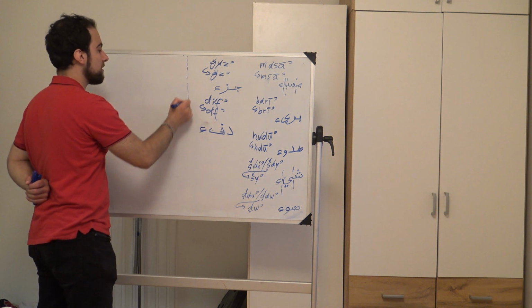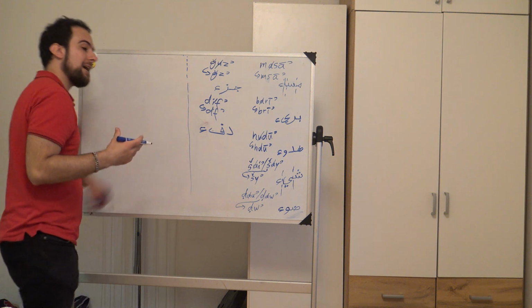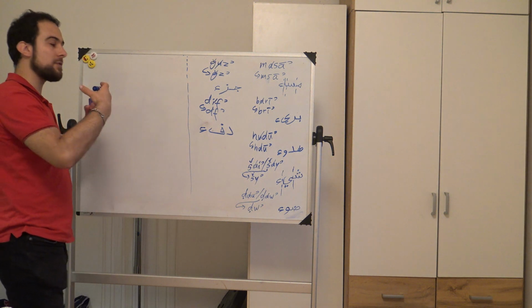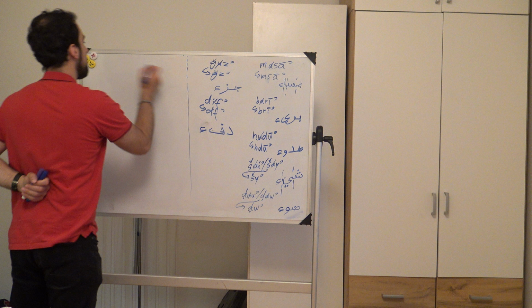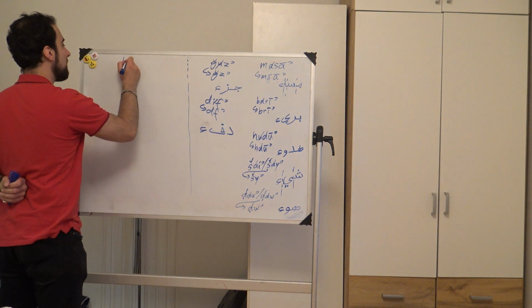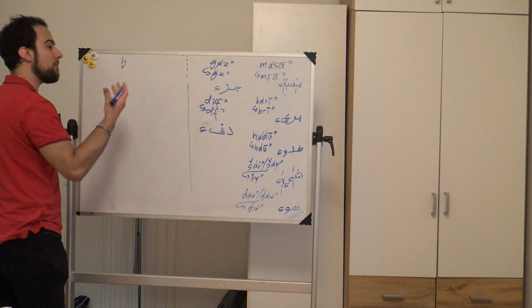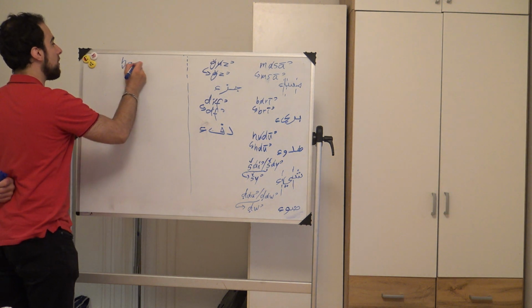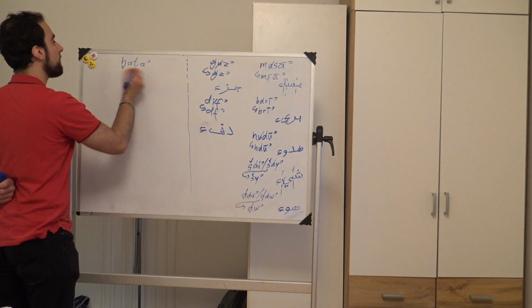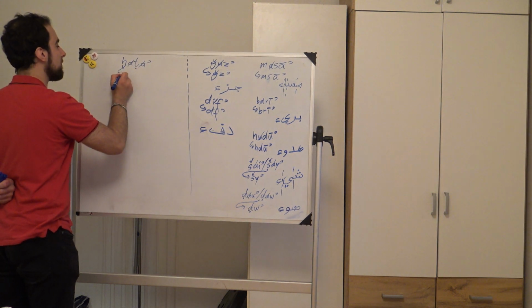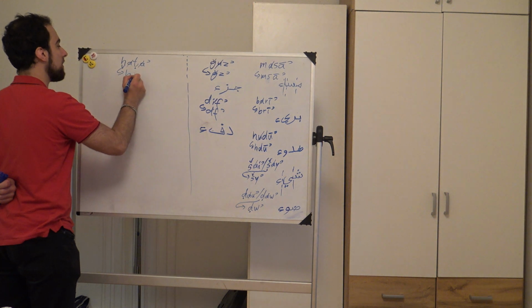There is an exception, however, and that is if the Hamza at the end of the word follows after a short vowel. So for example, we have khata. This is a kh like in English, German Bach or Ach, short A, then T, short A, and the Hamza, cutting off the short vowels, kh, t, Hamza.